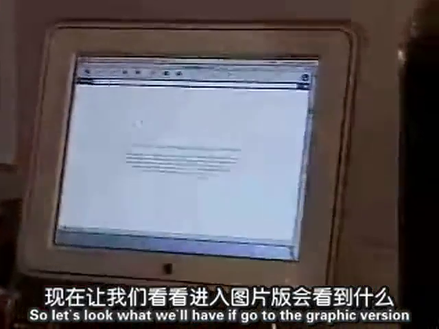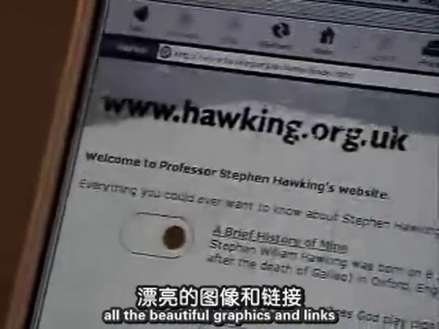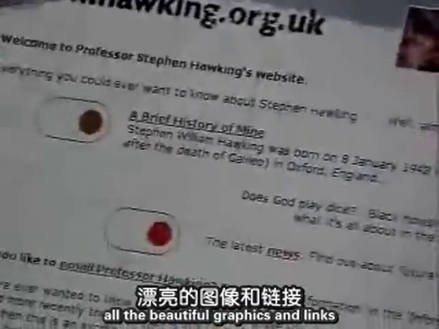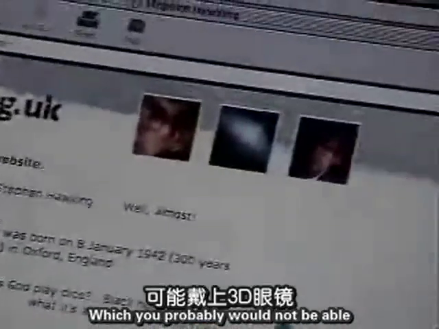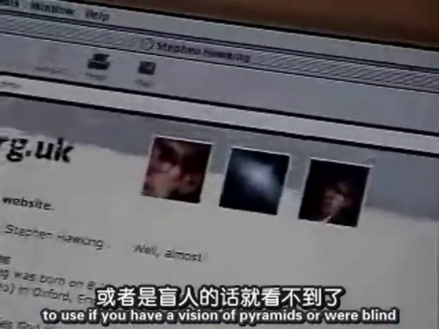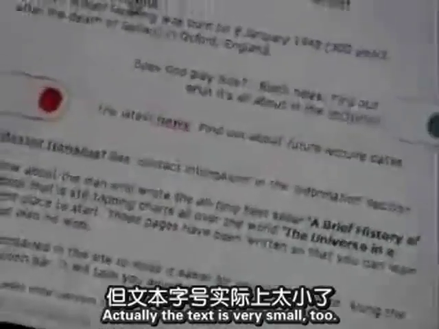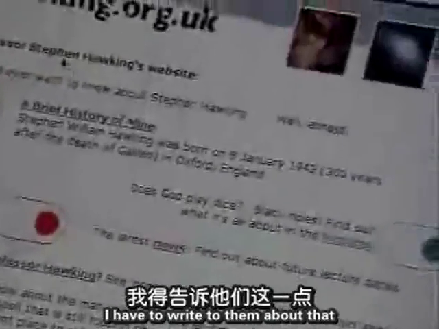So let's look at what happens when you go to the graphic version. You have all the pictures and all the beautiful graphics and hyperlinks, which you probably would not be able to use if you have a vision impairment or are blind, and actually the text is very small too. I have to write to them about that.